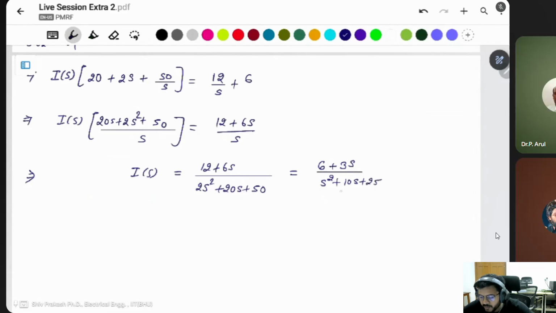This will be S square plus 5 square plus 5 into 2S, which is 10S. S plus 5 whole square in the denominator. Right, taking 3 common in the upper side, this will be 2 plus S divided by S plus 5 whole square.